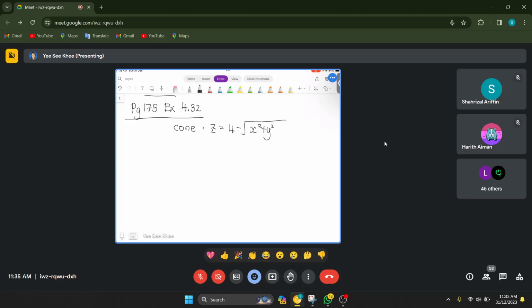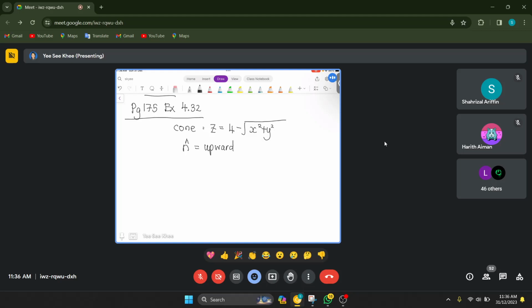It's above because the cone can extend downward to negative infinity, but it just mentions that you cover only the part above the plane z equals 0, and oriented by an upward unit normal vector. So you jot down that the unit normal vector is upward. Just jot down the information.